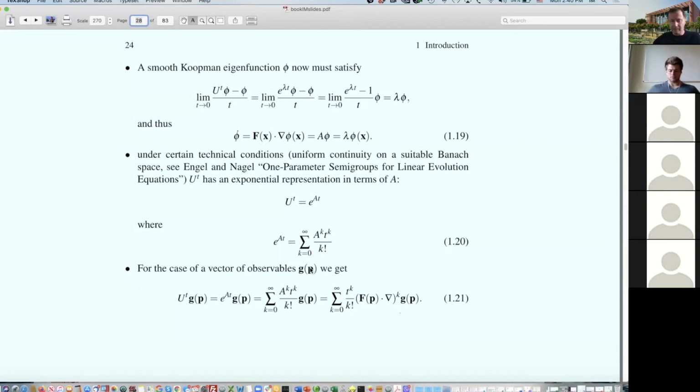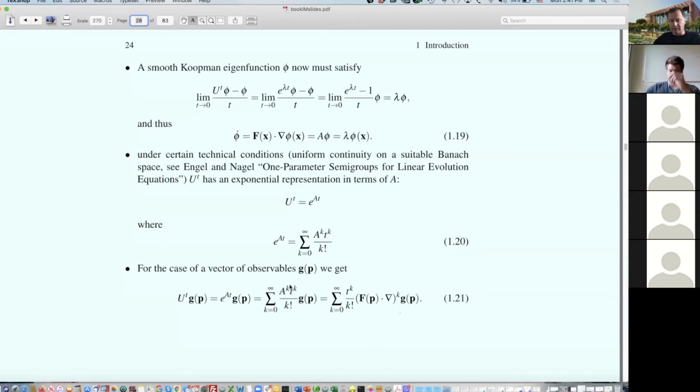It's going to become clearer in a moment. But okay, taking p as a point in our state space M, let's consider the action of the Koopman operator on G. As we have from this formula, U^t is e to the At. Expand e to the At in this form, and now you have a scalar t to the power k, so that's time to the power k.